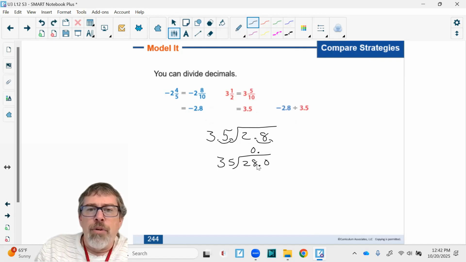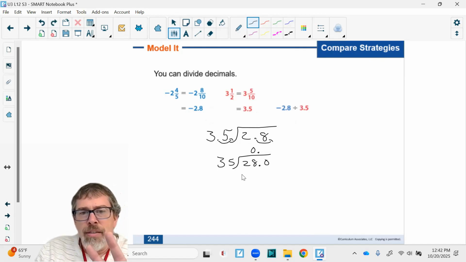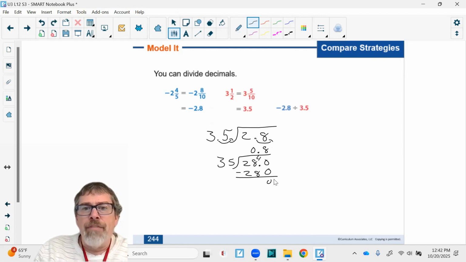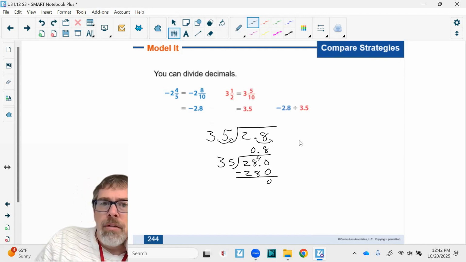And then 35 goes into 280. Well, 35 and 35 is 70, and 70 and 70 is 140. There's 4. So that's 140, and I need 2 of those, so it's going to be 8. 8 times 5 is 40, carry the 4. 8 times 3 is 24, plus 4 is 28. Subtract, and I have no remainder.